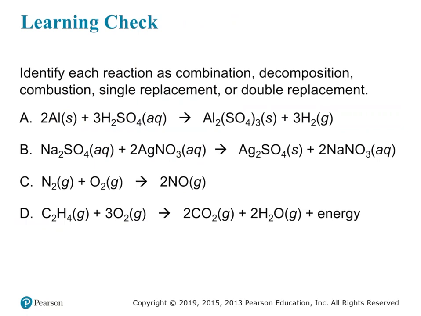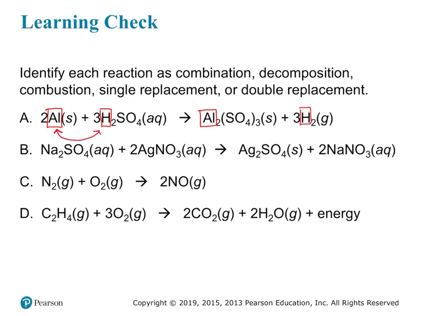So if you were stumped on this one, notice that aluminum is ending up in a compound, whereas it started off by itself. And then hydrogen started out in a compound and then ended up by itself. So it looks like aluminum and hydrogen changed places.